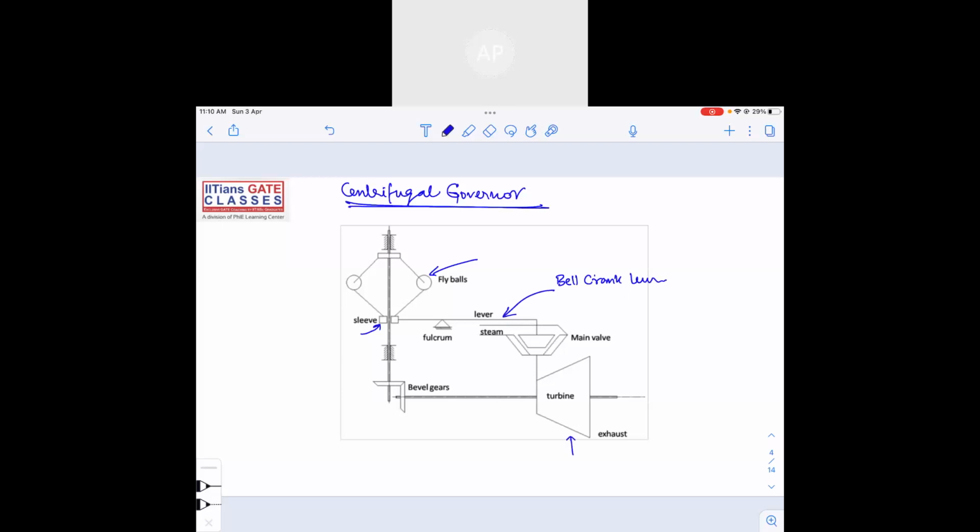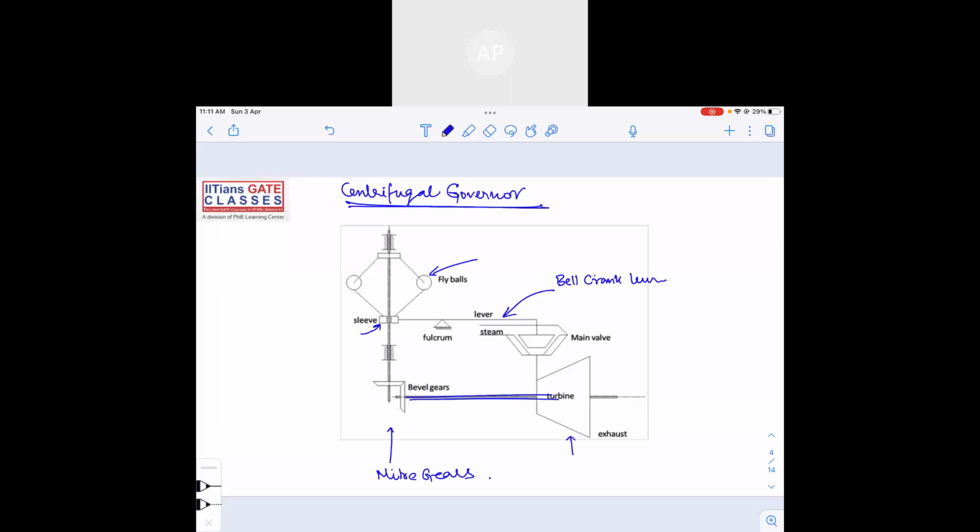The turbine is connected to the engine shaft using mitre gears. These are not just bevel gears. We have seen mitre gears in the last class. You must be remembering, mitre gears are exactly the same bevel gears, right?